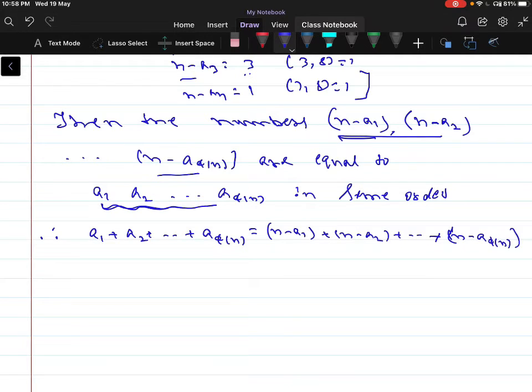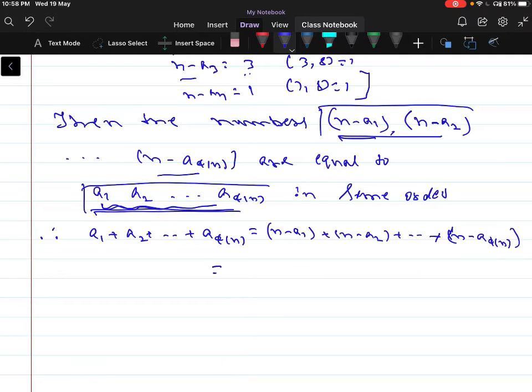You can observe that the sum of these integers must be equal, because they are equal in some order with the positive integers a1, a2, and so on, a pi of n.